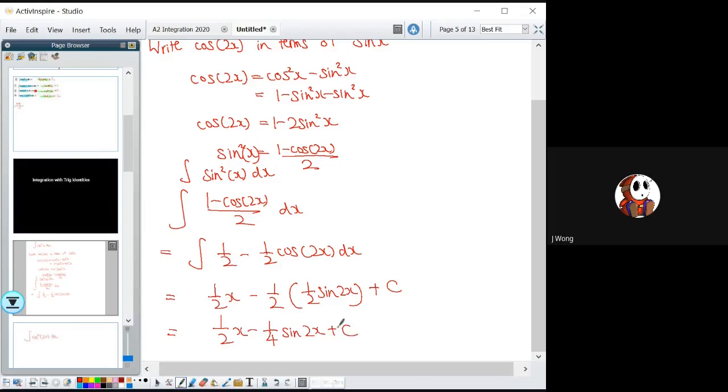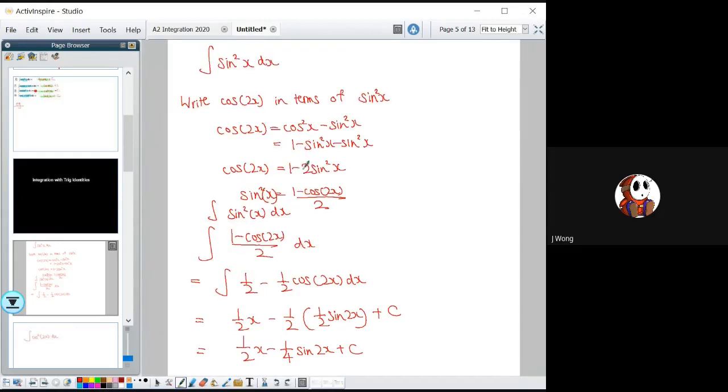Okay? So as you can see, if we are going to integrate a square function, why do we do all of this? Firstly, we don't know any integral that, when I differentiate it, will give me sine squared. So look at the answer, because remember, when I differentiate that, it should give me sine square x at the end.